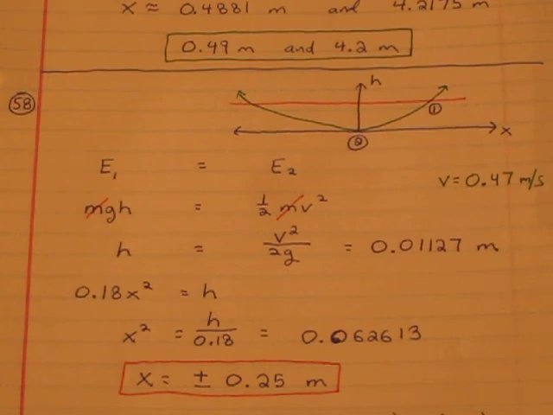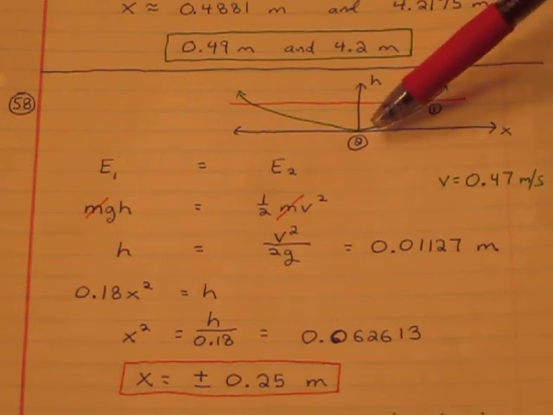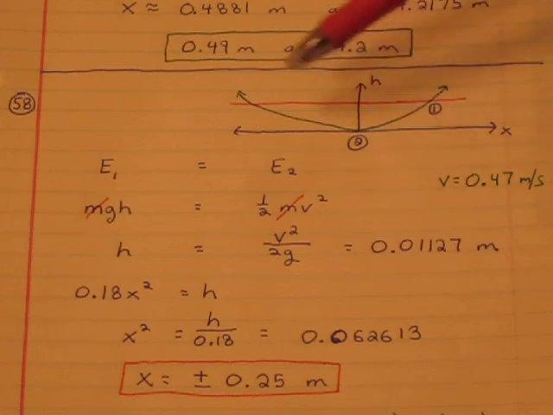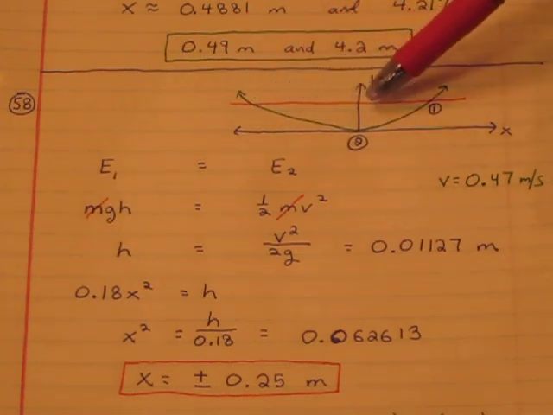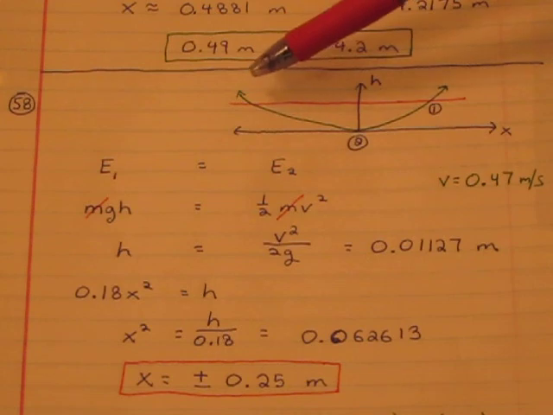All right, here's my crude drawing of the bowl. It's a parabola. We can say E1 equals E2, where state 1 is the turning point. State 2 is where it's got maximum speed at the bottom. I've drawn this red line just to show this is the total energy curve.